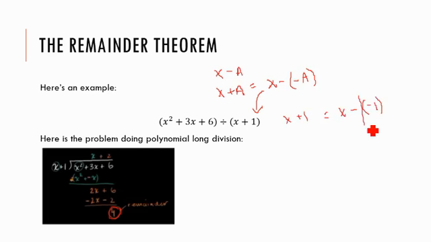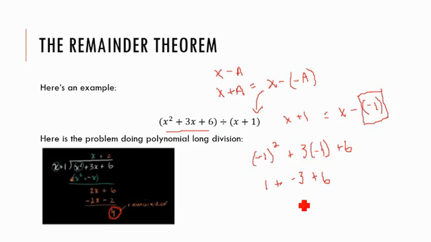So -1 is what I'm going to be substituting into my polynomial right here. So -1 squared plus 3 times -1 plus 6. If I do that, I get 1 plus -3 plus 6. 1 plus -3 is -2, and then adding 6 to that, I get 4. And that is, in fact, my remainder.